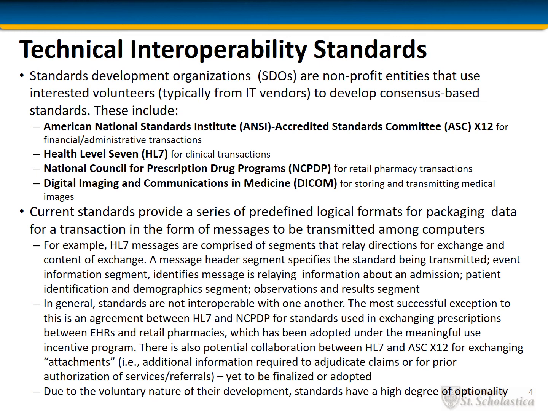There is also potential collaboration between HL7 and ASC X12 for exchanging attachments. We talked about it previously, the additional information required to adjudicate claims or for prior authorization of services or referrals. This is yet to be finalized or adopted and may never be finalized and adopted if newer options become more successful.